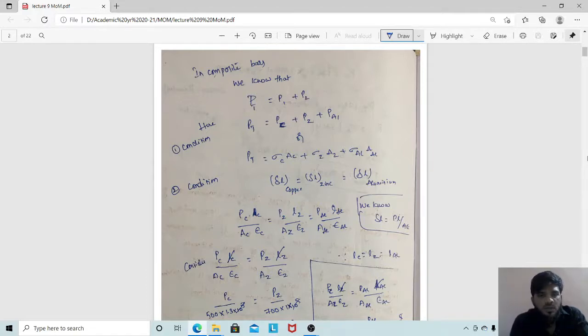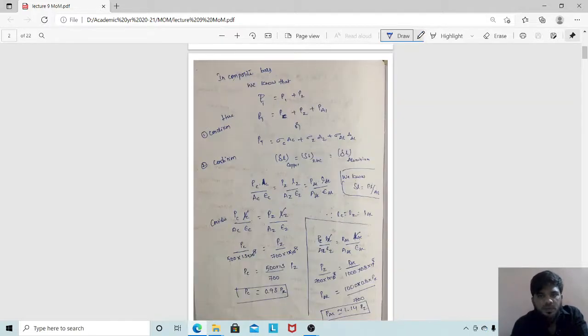So PT is equal to P1 plus P2, which is the load acting on material 1 plus the load acting on material 2. Here there are three materials, so I am taking it as PC plus PZ plus PL. We know that load is equal to stress into area. So PT is equal to sigma into A, from stress is equal to load upon area.